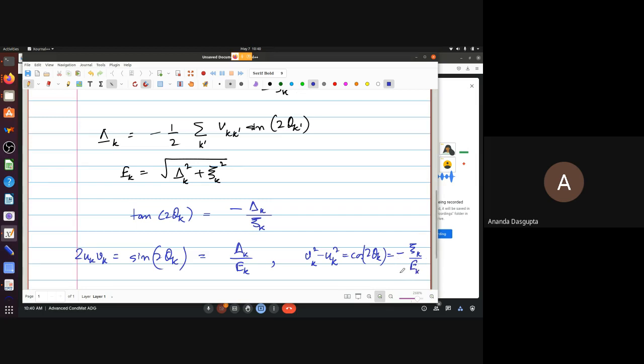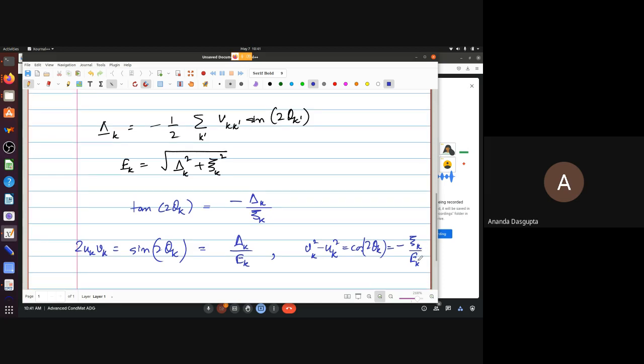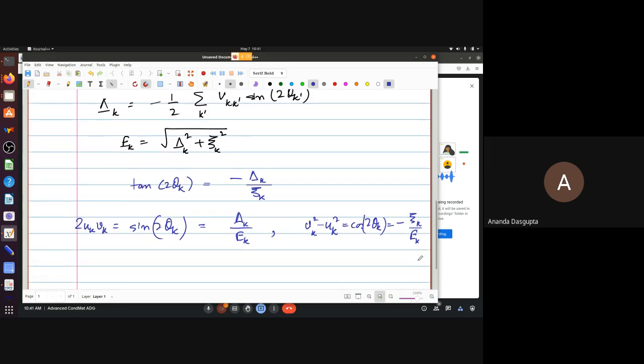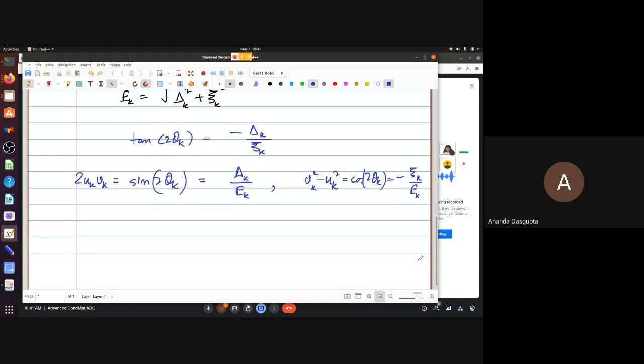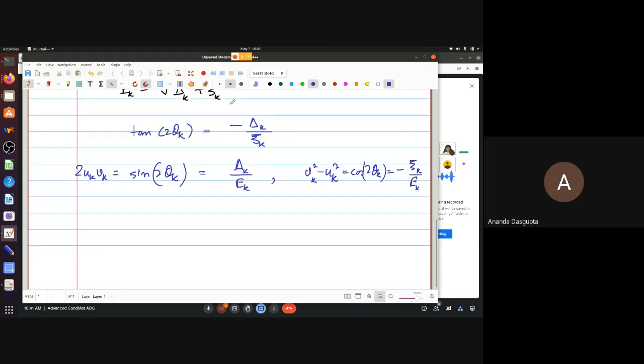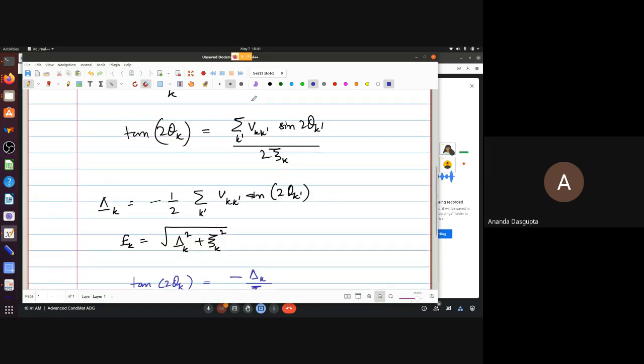Remember, we said last day that if xi k becomes very large, then you expect vk to go to 0, and therefore this should become negative. That's what the minus sign does for us. So these are our basic starting equations. And we also wrote down one more equation from here, which essentially will tell us what delta k is. That's pretty straightforward. All you have to do is start from this equation, start from the definition of delta k itself.